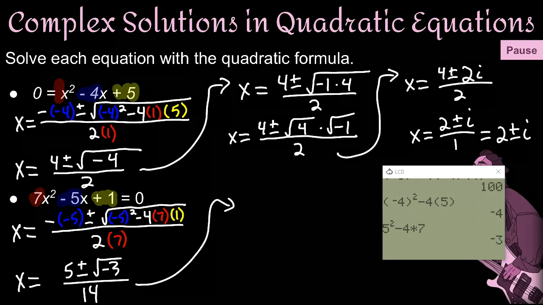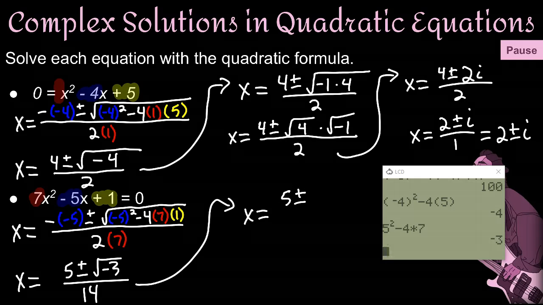And so that's going to be x is equal to 5 plus or minus, and that square root negative 3, we can see that there's going to have to be an i there. But square root 3 doesn't simplify at all. It's not a perfect square. It doesn't have any way to simplify it.